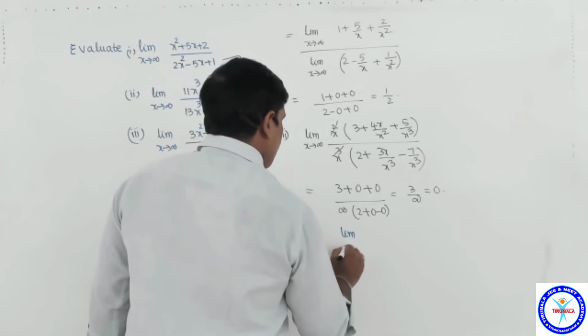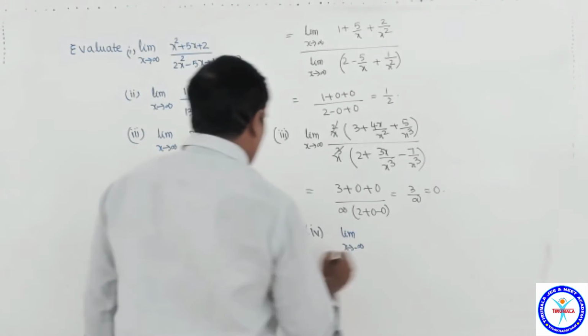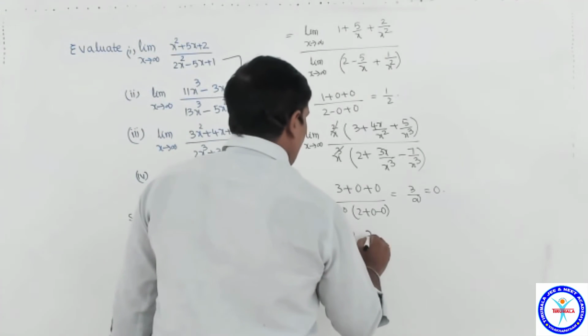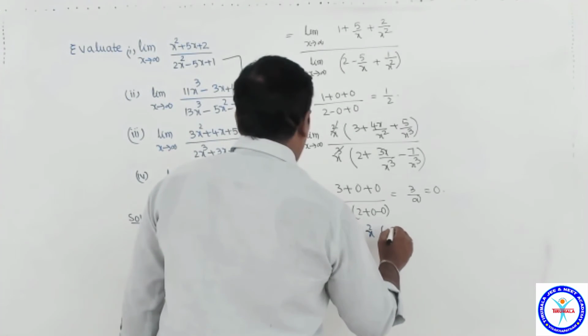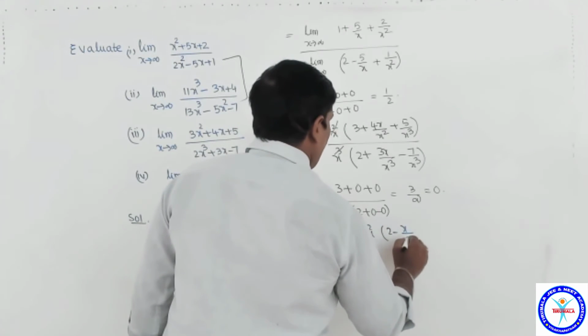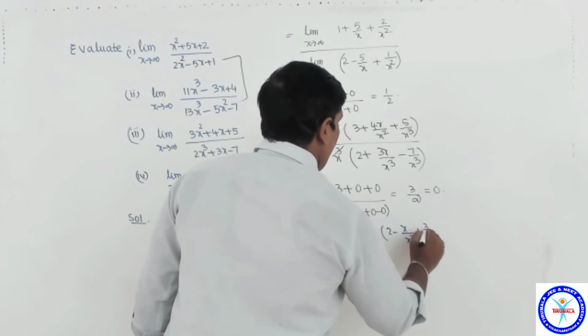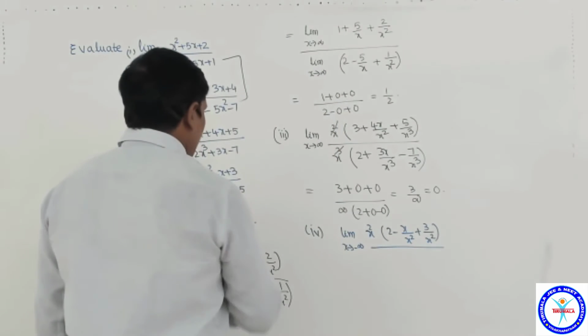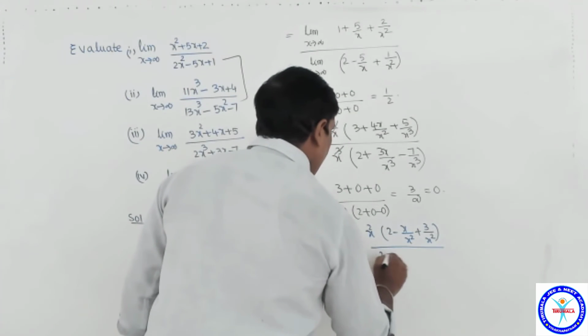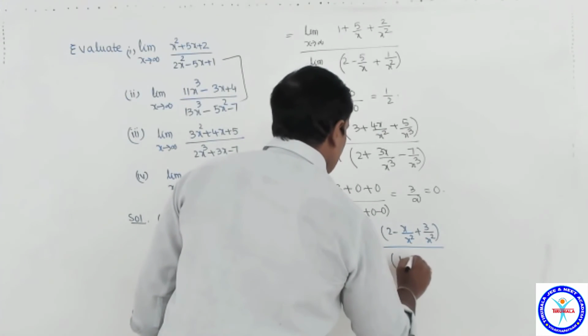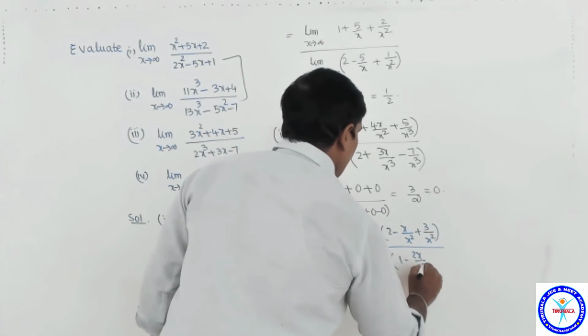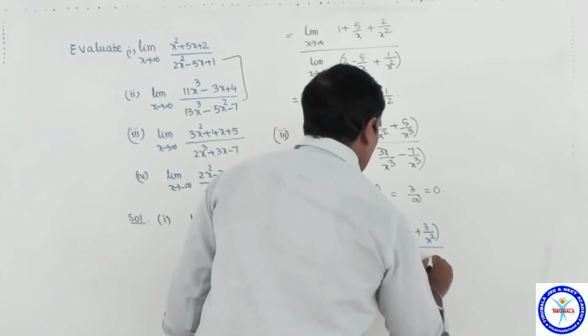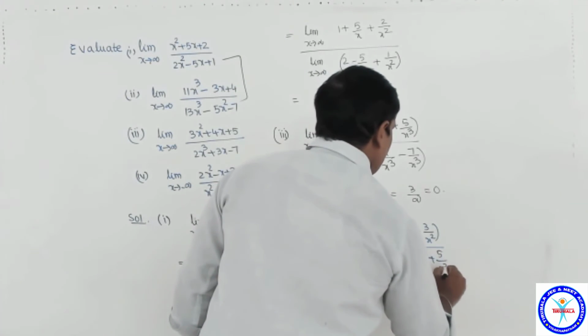limit x tends to minus infinity. Again common the x square in numerator, we obtain 2 minus x by x square plus 3 by x square divided by x square into 1 minus 2x by x square plus 5 by x square.